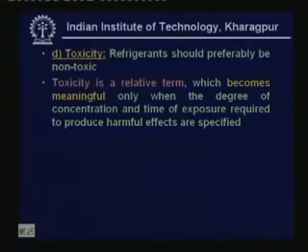But we find that toxicity is a relative term. What do we mean by that? Except air, theoretically all fluids are toxic. That means when you are exposed to any fluid other than air in sufficiently large concentrations, people suffocate. So in that way all fluids are toxic, but some fluids are more toxic than others. So how do we rate the toxicity?